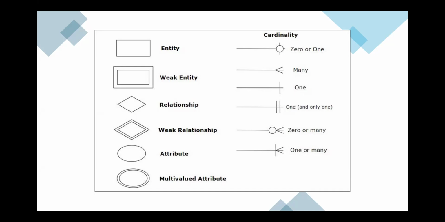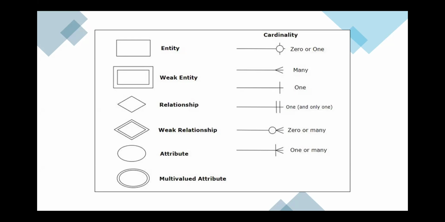Now, when we are making an ER diagram, we don't have to write it in language. So what do you do? An entity is represented by a single rectangle box, and two rectangle boxes, one below the other, are a weak entity. A relationship is a rhombus, and two together make a weak relationship.